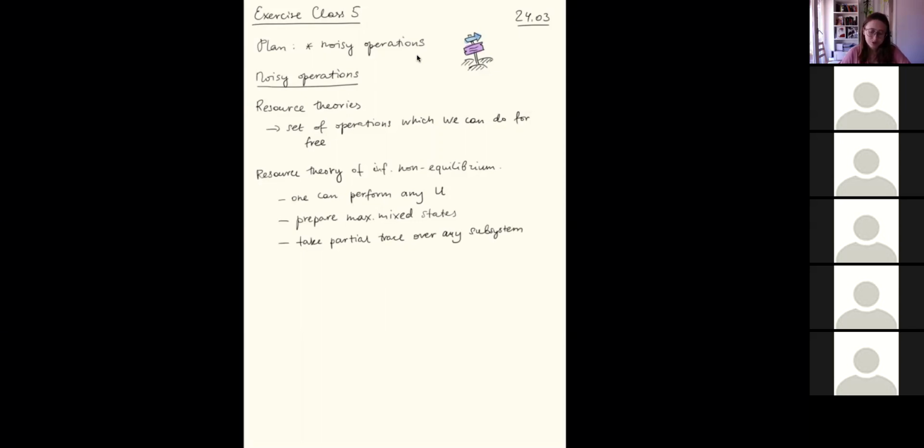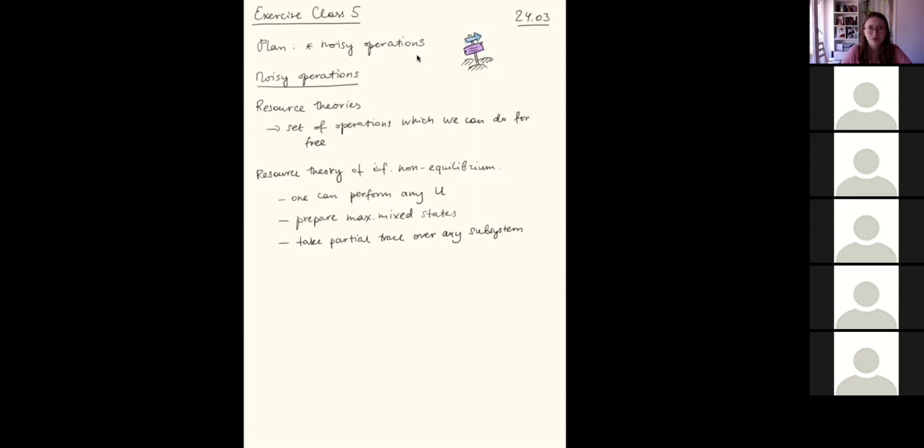So we see that, if we only restrict ourselves to these operations and assume that we don't have any additional resources, this essentially means that we only possess maximally mixed states, and performing any unitary on these maximally mixed states would give you again back mixed states. And the same with a partial trace.